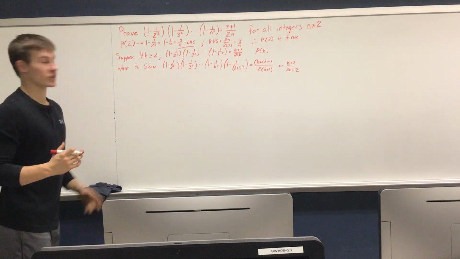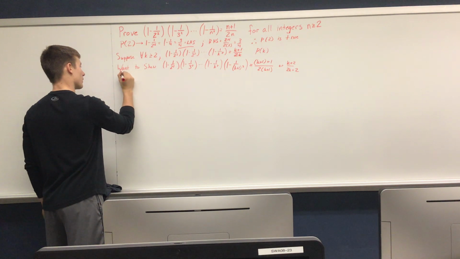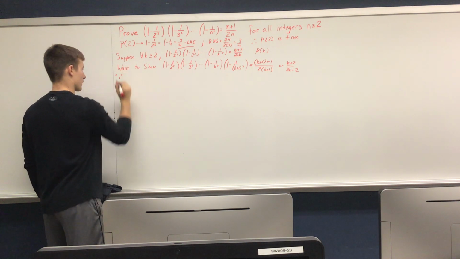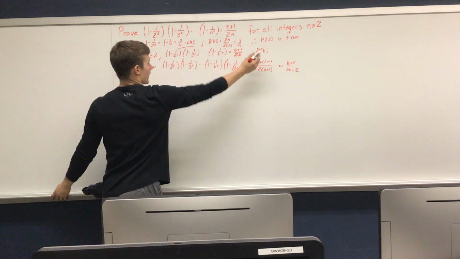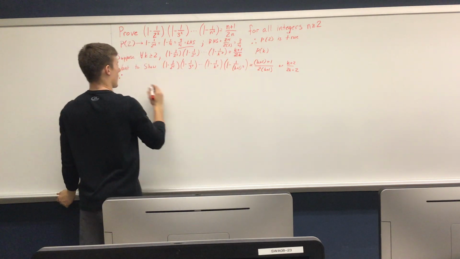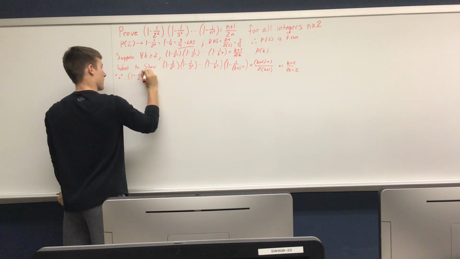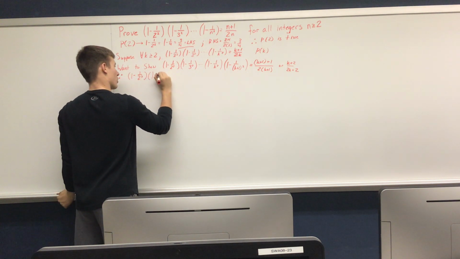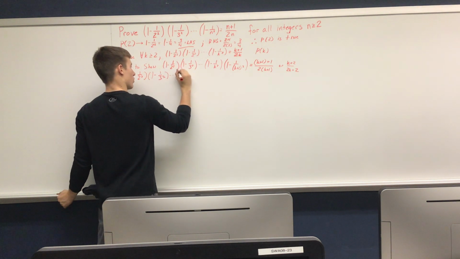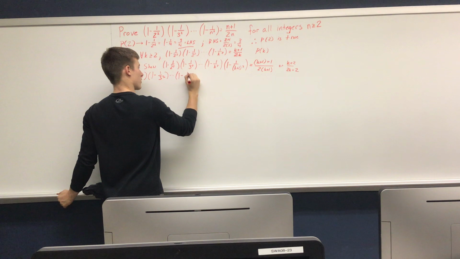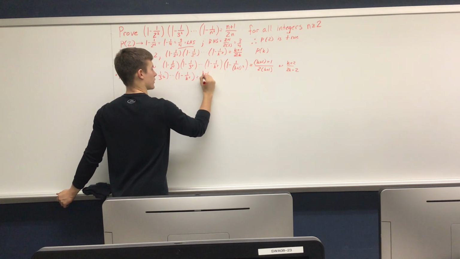We can continue on with our proof. We know that this is equal to P(k), because (1 − 1/2²)(1 − 1/3²) all the way to (1 − 1/k²) is equal to (k + 1)/(2k).